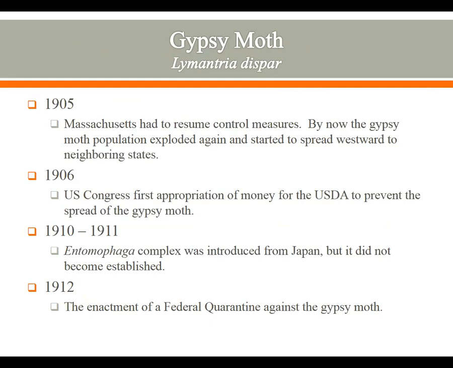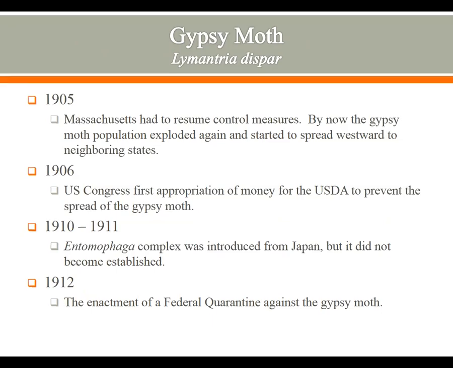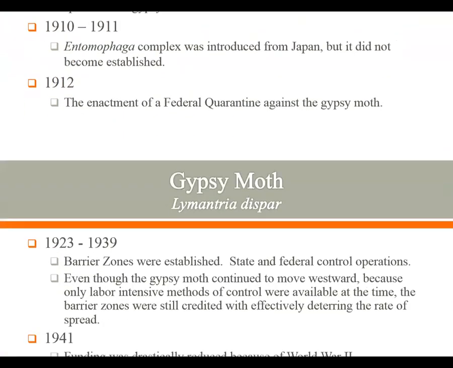In 1912, the first federal quarantine on gypsy moth was enacted. So it took a little while from that 1869 point to 1912 before they finally started putting in the quarantine to regulate the materials moving out of those zones.